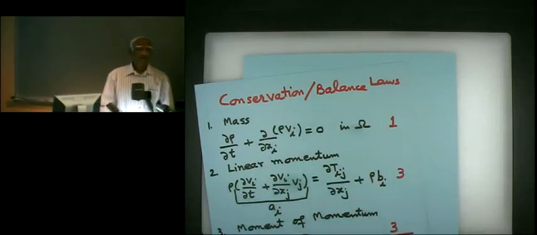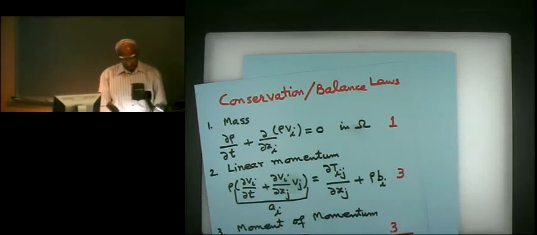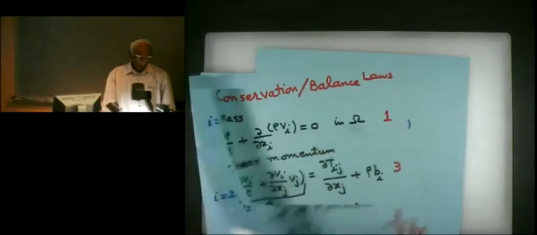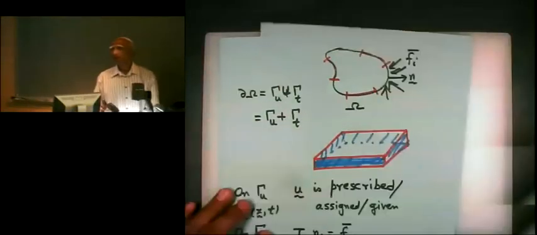If it were known, I would be out of a job. The whole problem is finding that omega under a given set of loads and for different materials. So we can't really write our boundary conditions the way we did, because we don't know gamma t and we don't know gamma u. We do not know the final shape.